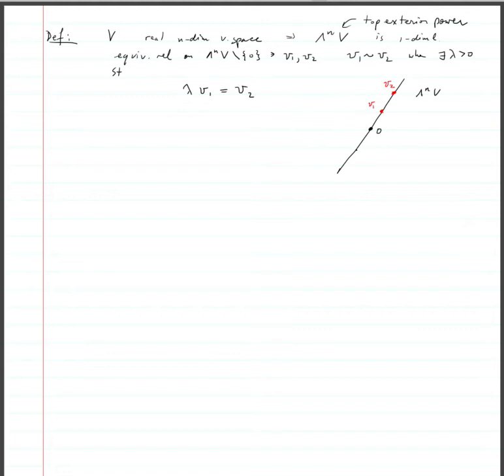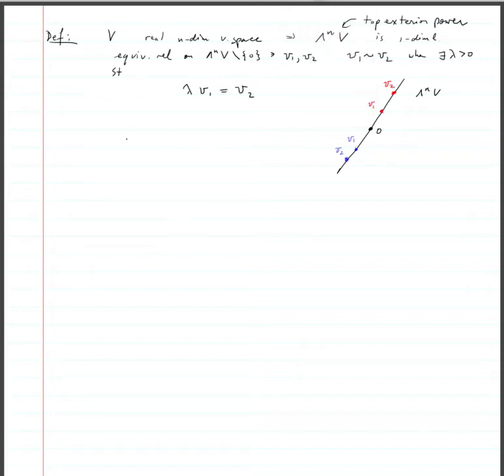Similarly, this V1 and this V2 are equivalent. But you cannot have two vectors on either side of 0 being equivalent, because they must be positive scalar multiples of each other.